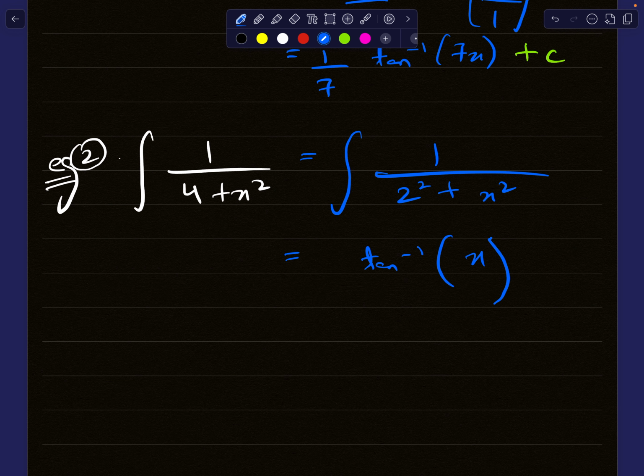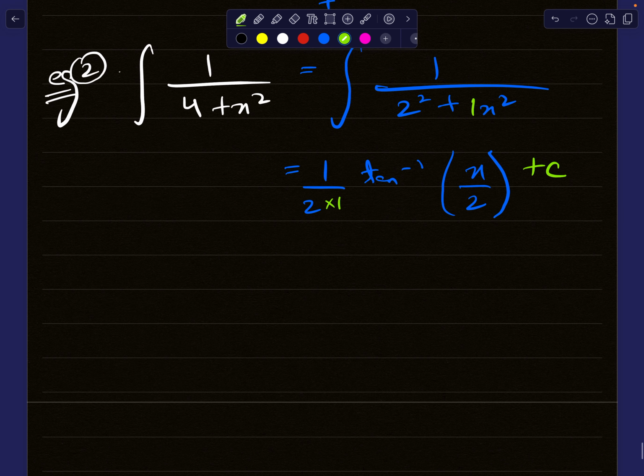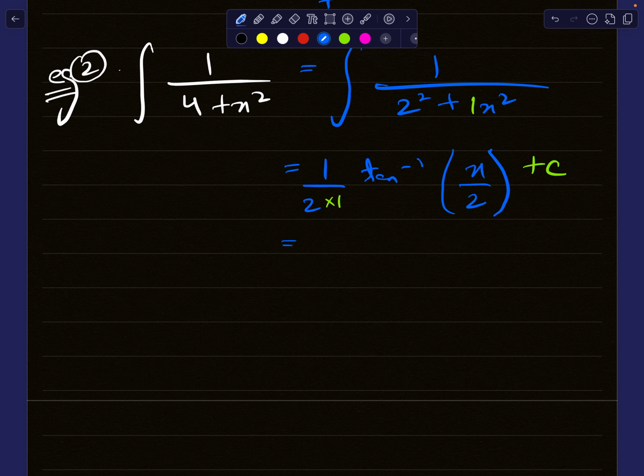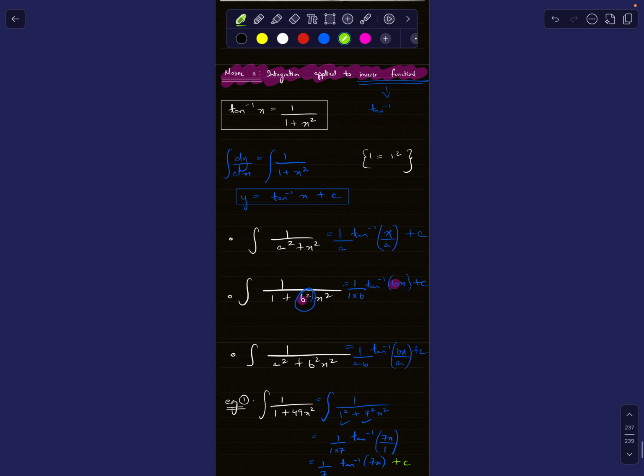First things first, 1 over 2, alright, and then we have a 2 into a 1 which was here. Since if you always write this down, you don't forget. And then we have plus c. Simplifying this, we have half into tan inverse x over 2 plus c. So this was our second numeric example.